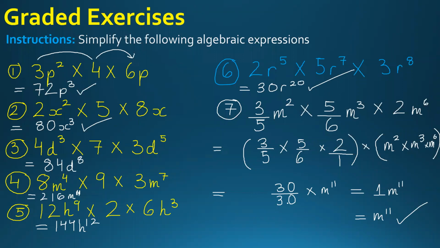Any questions on this? You don't have to put the 1 next to the M because it's implied. When you don't have a number in front of it, it means 1 in front of it. So you don't have to put the 1.